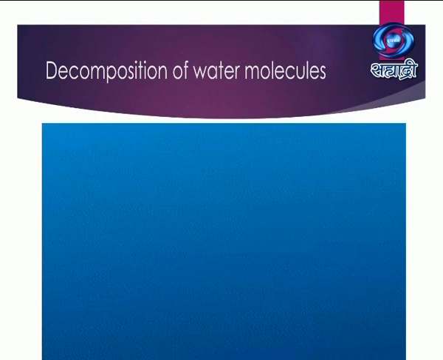Let us see one more example of decomposition reaction, that is decomposition of water molecule. We know that water does not carry electricity if it is distilled water. But if it is acidulated or a pinch of salt is added to it, electric current can pass through it and the decomposition of water can take place.